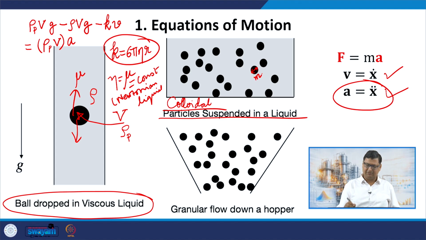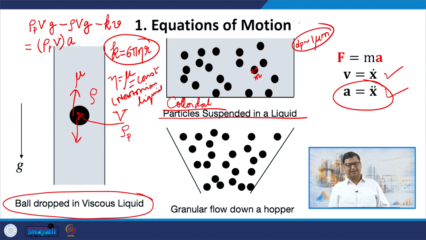Again these particles have a mass, but this mass or the corresponding volume is fairly small, maybe the diameter of the particles is in the range of a few microns. And again it is suspended in a liquid. The liquid naturally has a certain viscosity and a density rho, and the particle itself may again have some density rho p.